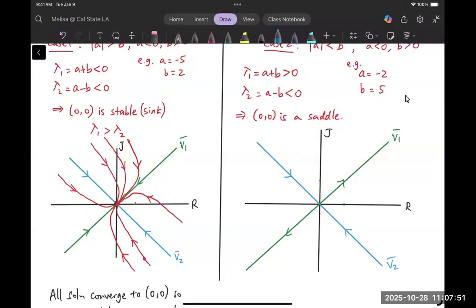All right, so you know how the saddle looks, so we can sketch the other trajectories. Basically, you can start from somewhere over here, and then follow V2. And as you get closer to the origin, V1 is going to take it away from the origin. So it's going to look something like this, okay?